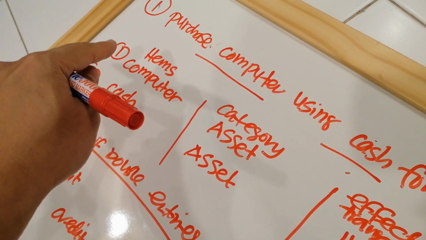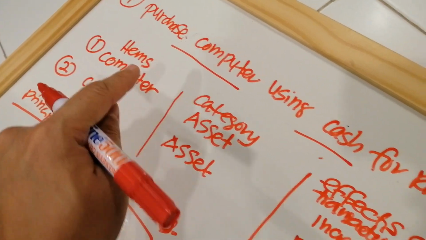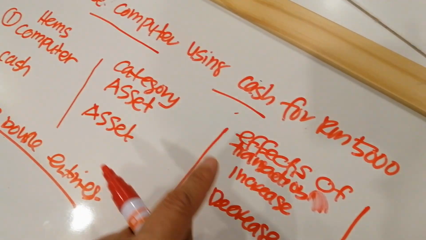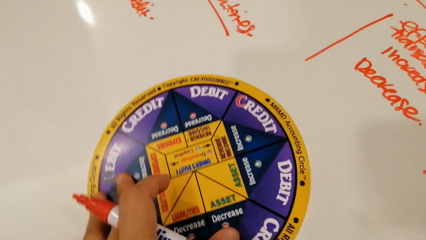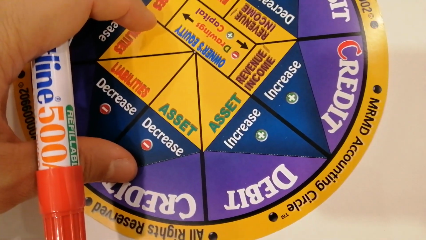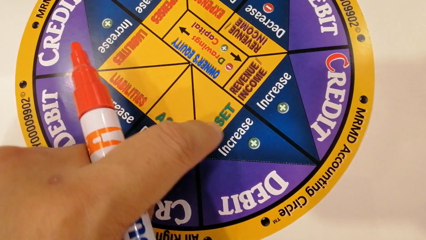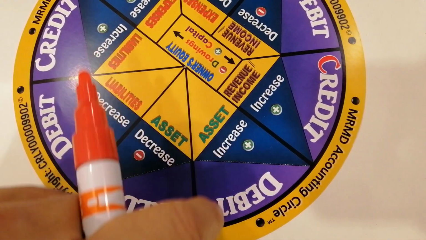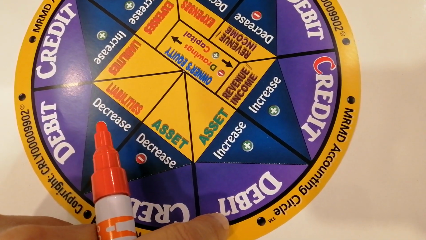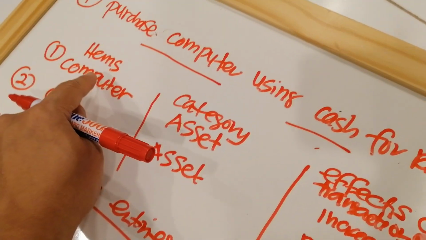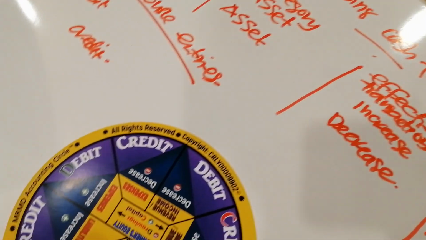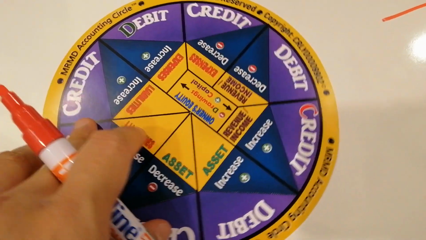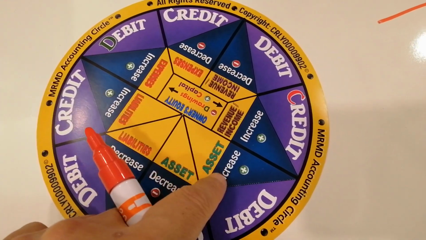You go number 1 first. Computer is under asset. Asset now increase. So, you pergi kat sini. Computer is under asset, asset increase. Record belah mana? Debit. Okay. Again. Computer is under asset, asset increase. So you go to asset, asset increase.